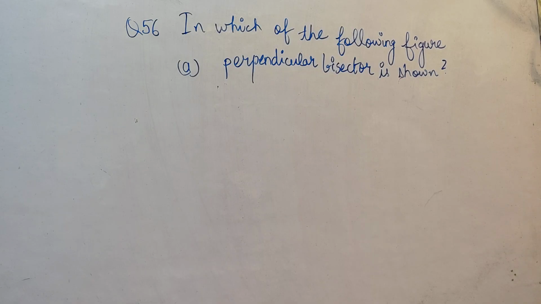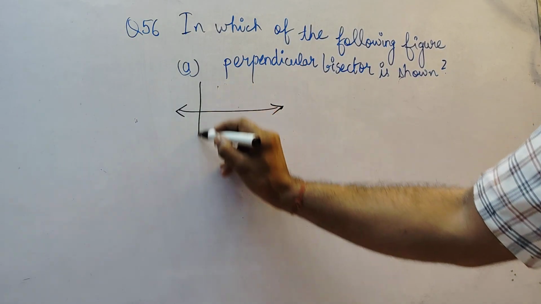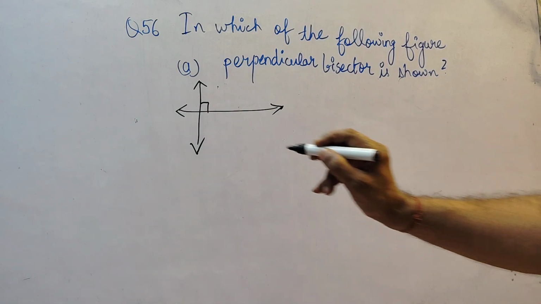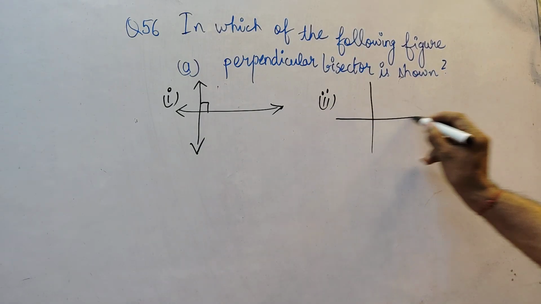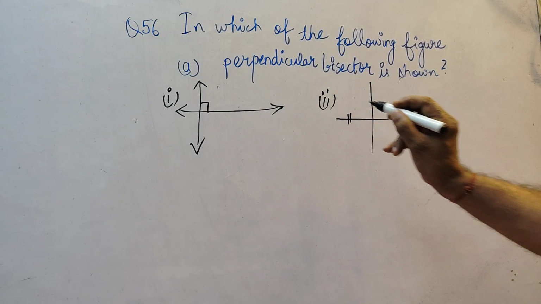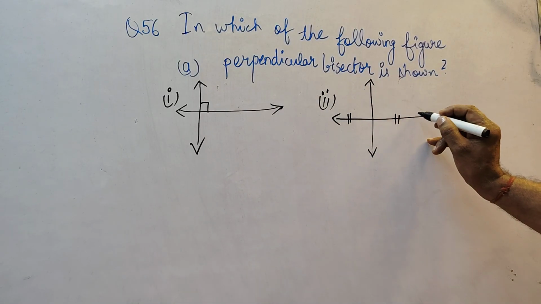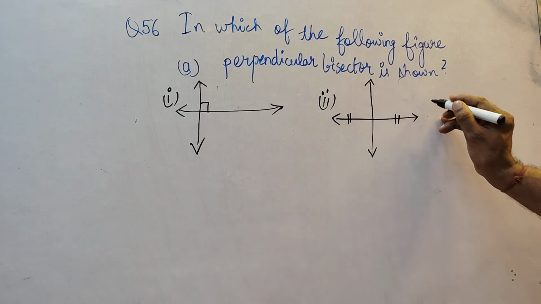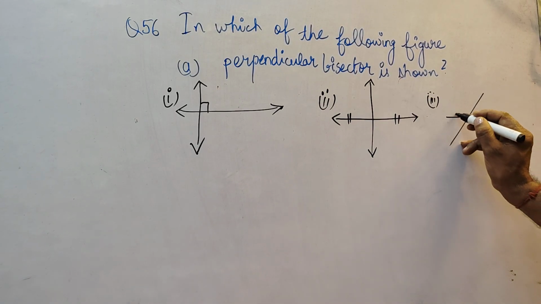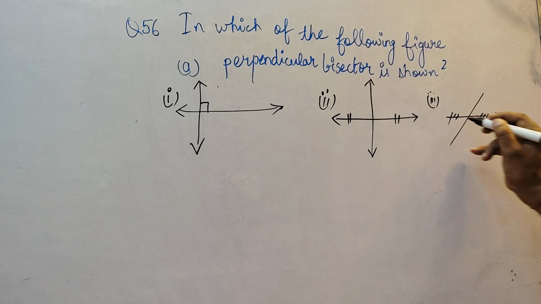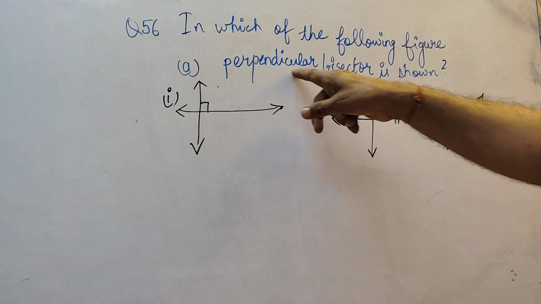There are three diagrams. The first one is this one, the second diagram is this one, and the third diagram is this. So the first part of the question is: a perpendicular bisector is shown.